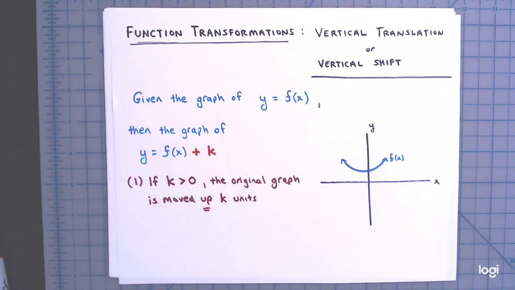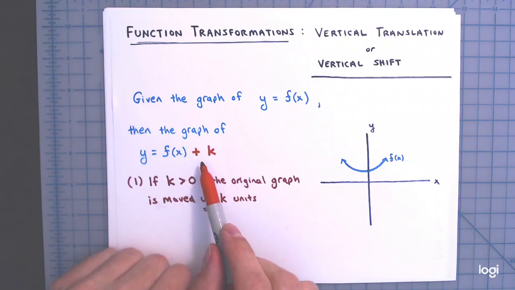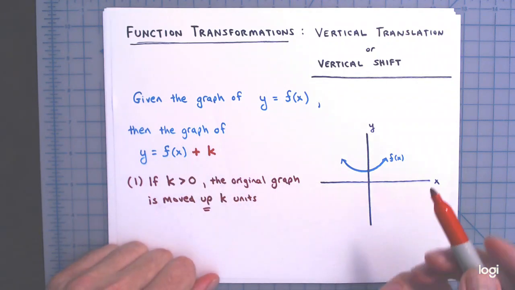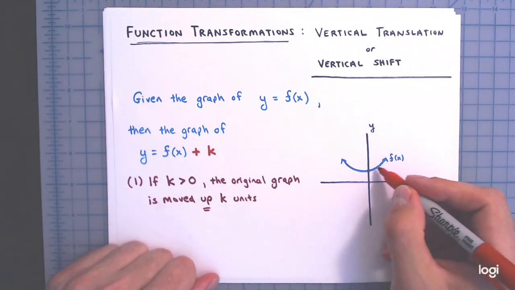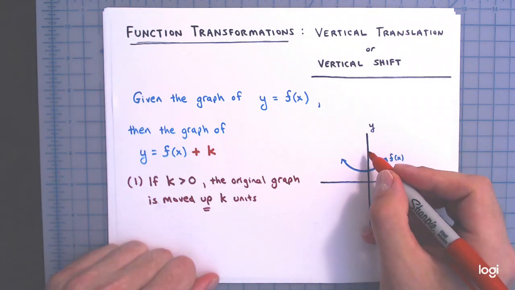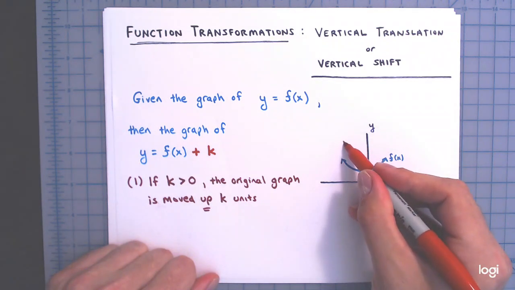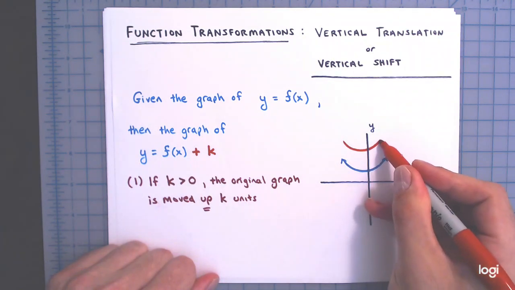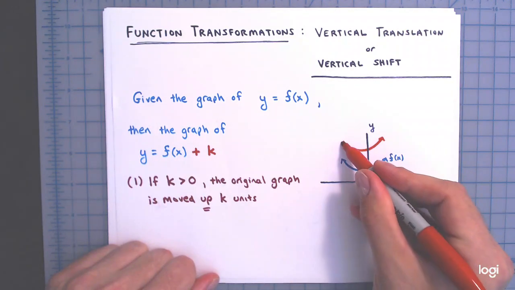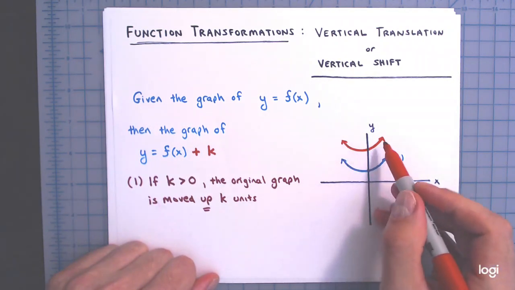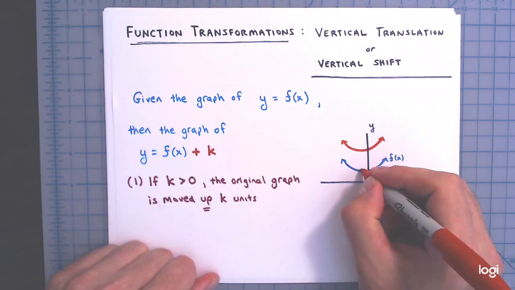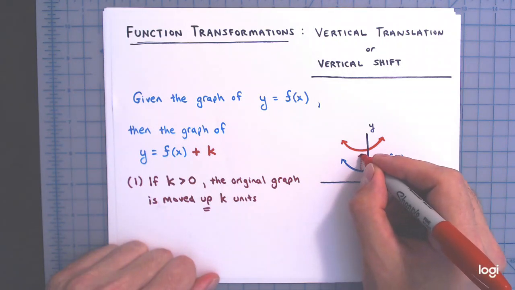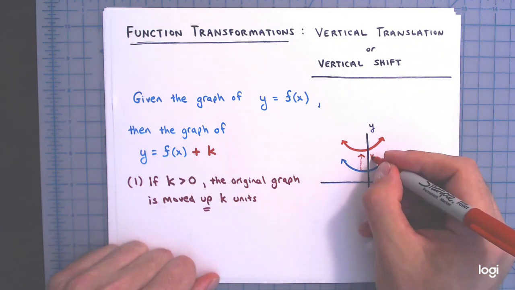All right. So I'm going to do this first one in red. So I would have the same exact shape, but then just move everything up k units if k is positive, right? So again, this isn't perfect, but have the exact same shape, but just move everything up k units.